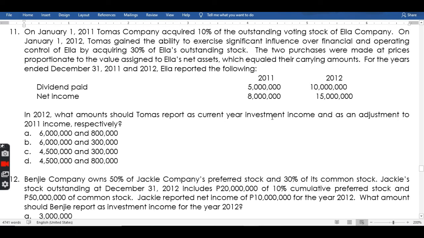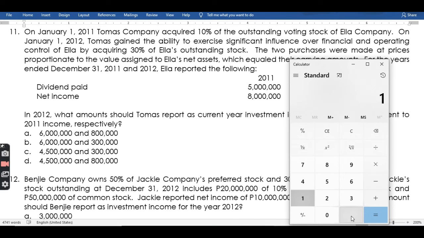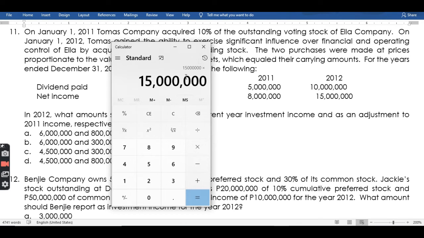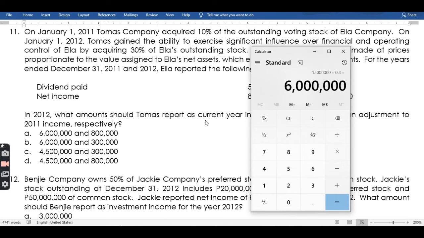So ang lalabas na investment income natin dito, kung tayo ay may 40% interest. So yung sa 2012 muna. So 15 million, kasi 15 million yung ating income doon. Tapos multiply natin ng 0.4. So that's 6 million. So ang sagot natin is either A or B.